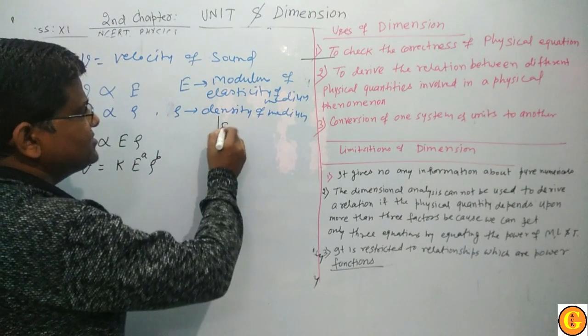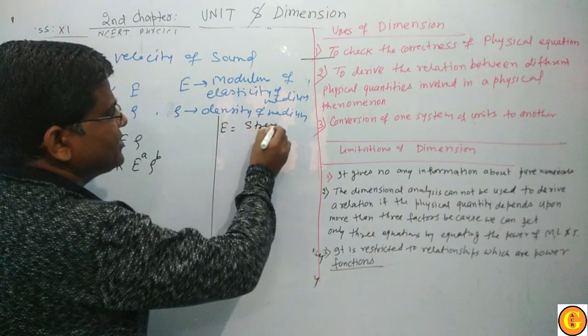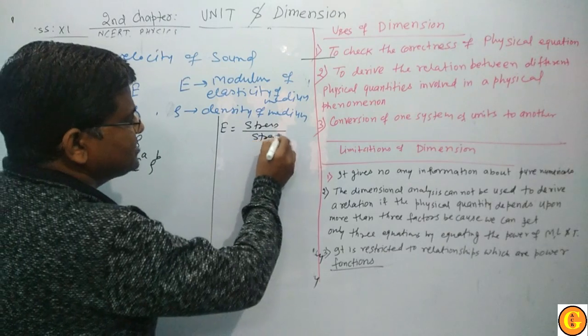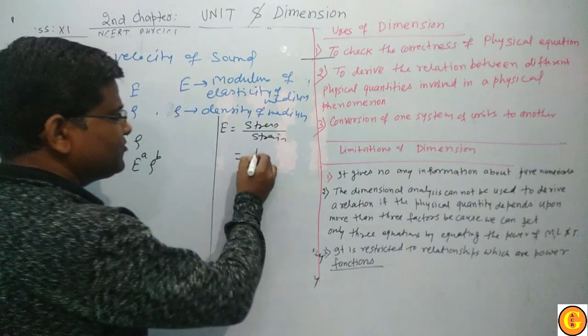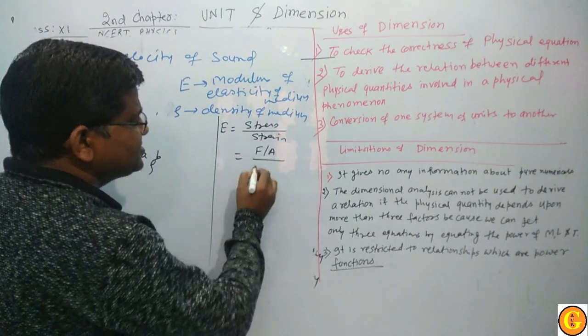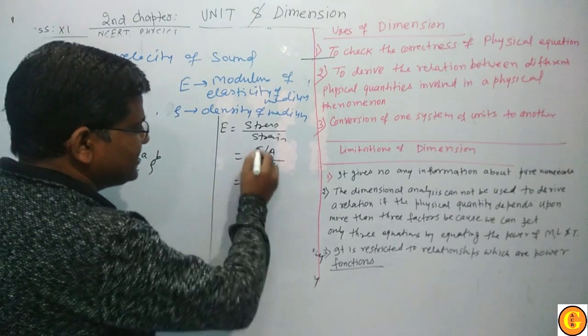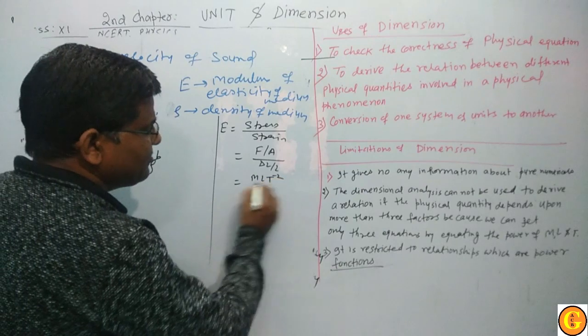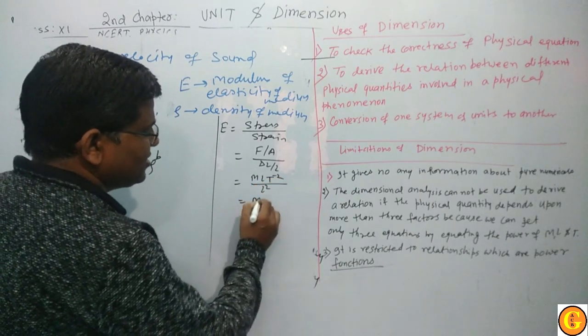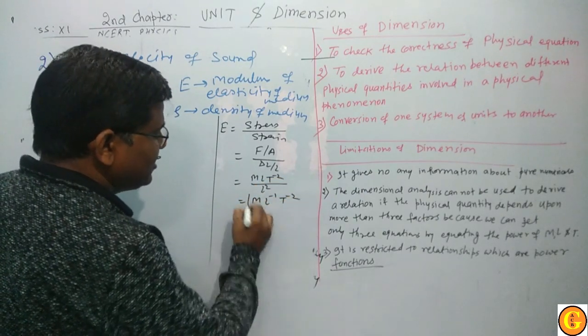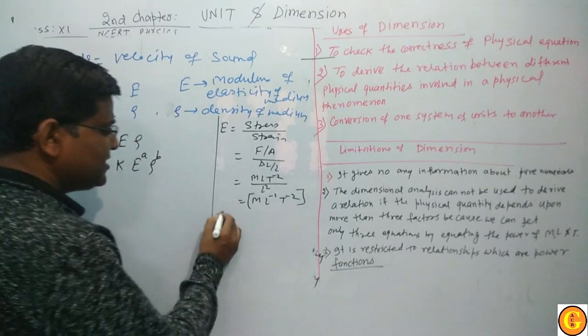E is elasticity, means stress by strain. Stress is force by area, and strain is change in length by length, and it has no dimension. That's why it becomes MLT minus 2 by L square, which is ML minus 1 T minus 2. And this is the density.